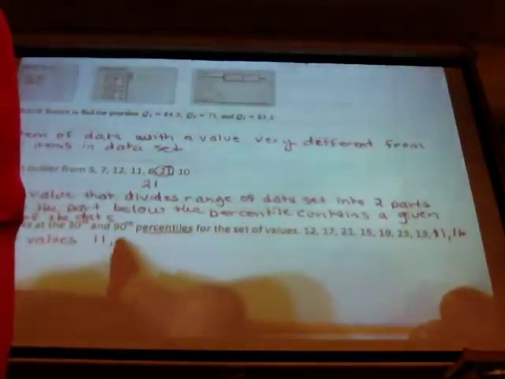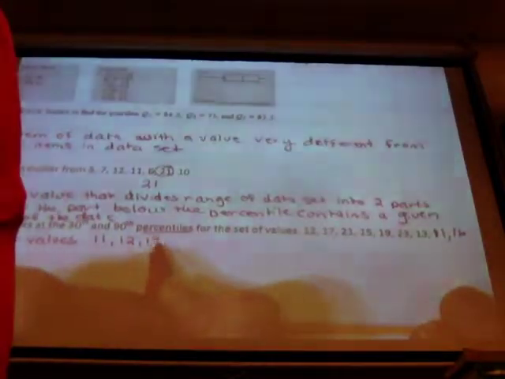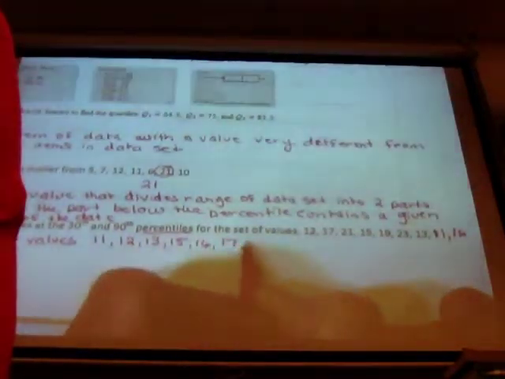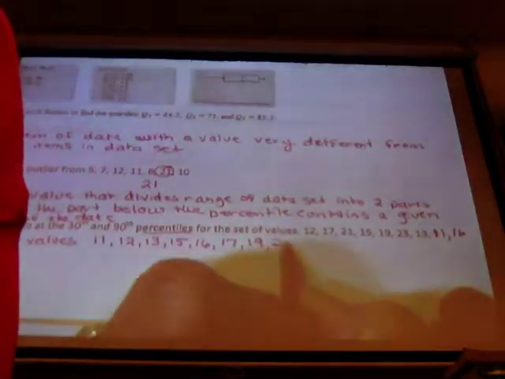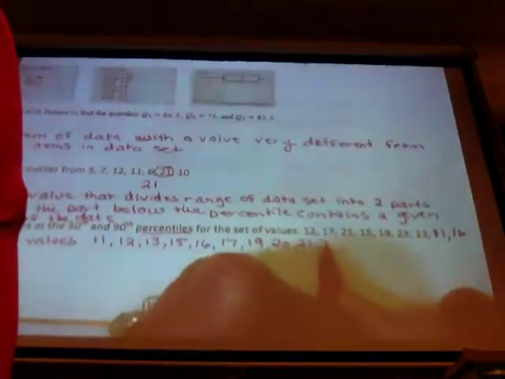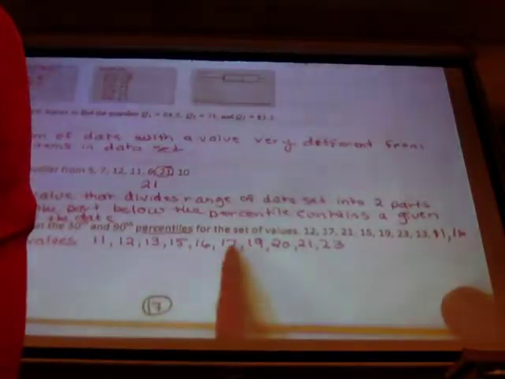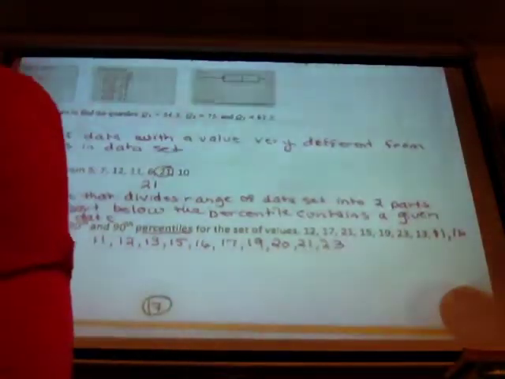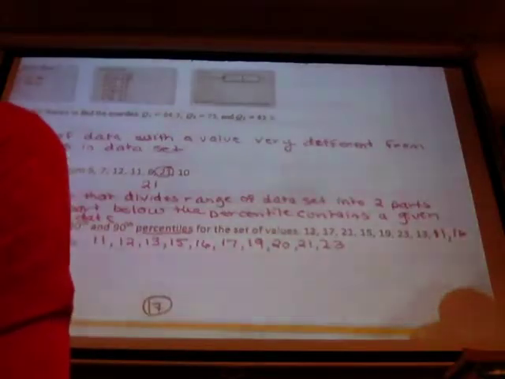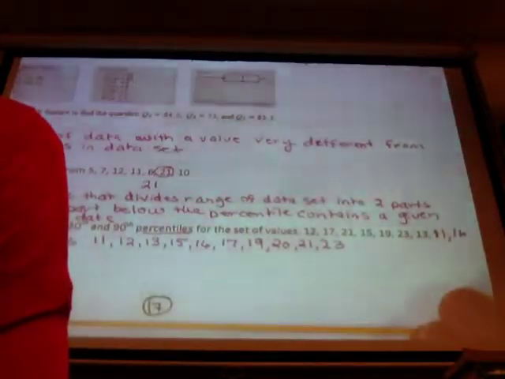Arrange them in the order. So I'll have 11, 12, 13, 15, 16, 17, 19, 20, 21, 23. And I made sure I had all 10 values, that I didn't leave anything out.